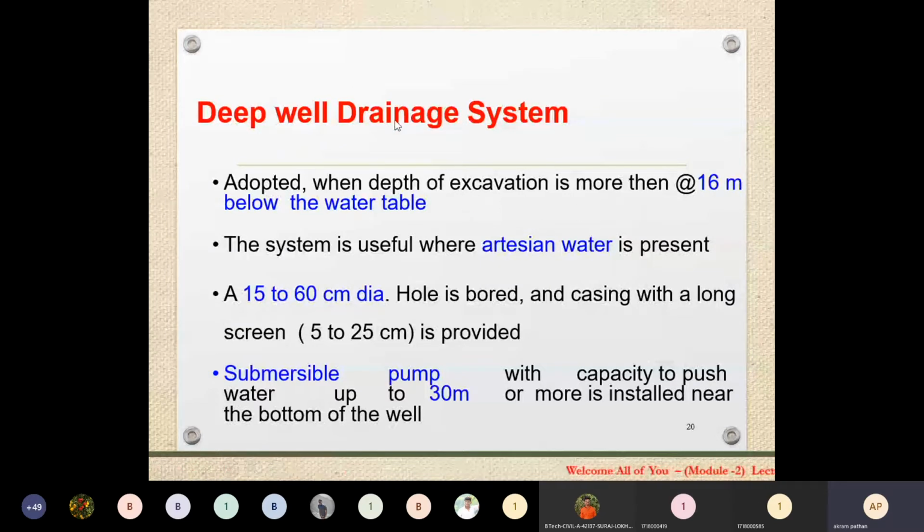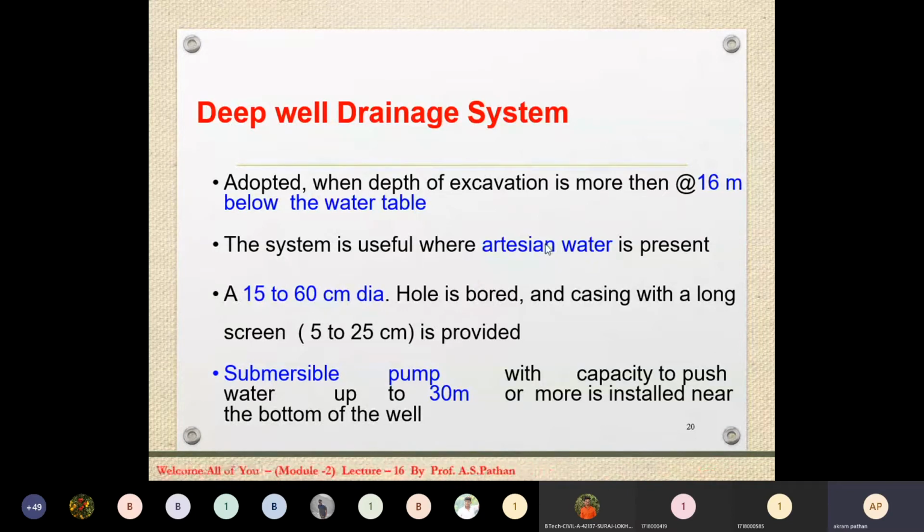So this type of deep well drainage system we require when the depth of excavation is more than 16 meter below the water table. The system is useful where artesian water is present. Here I would like to say what you mean by artesian water.